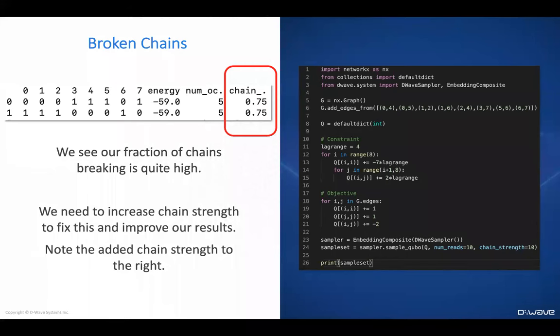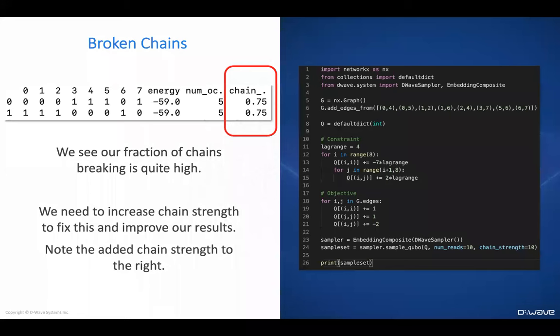What has happened here? Remember I mentioned the embedding that occurred in that embedding composite on line 23? The graph that we put in on line 6 is not naturally found on the D-Wave quantum computer natively because the couplers are not naturally going to connect. For example, 1 and 2 there, if I tried to map each logical variable or logical qubit to a physical qubit, it doesn't have a coupler between 1 and 2.